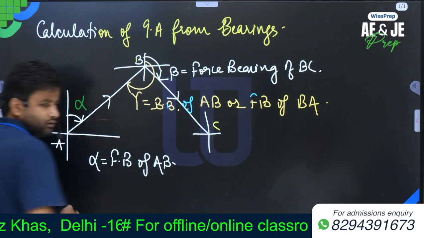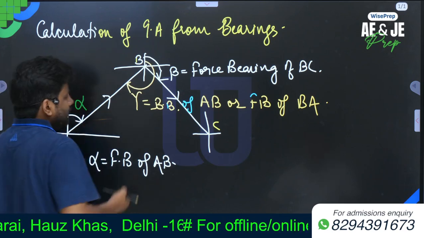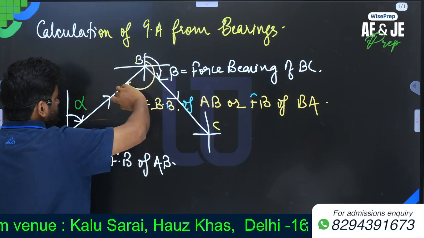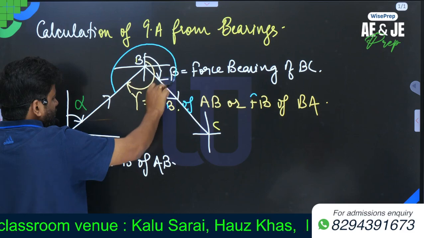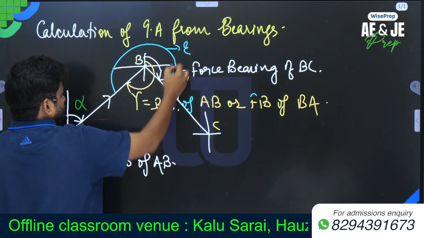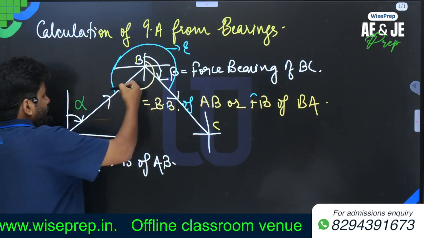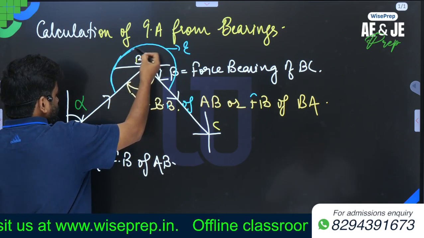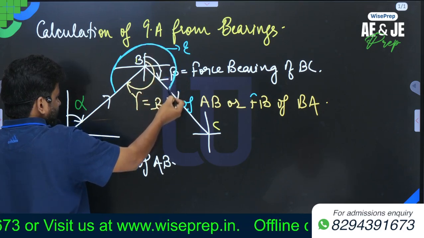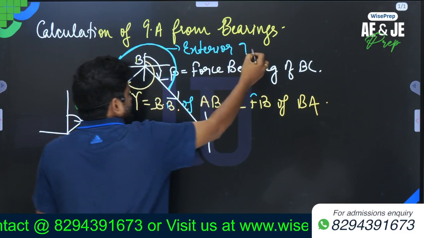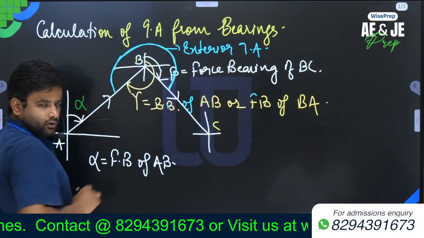The traversing is going in clockwise direction. So included angles will be what? Exterior included angles. Because this is clockwise, from preceding line to the next succeeding line, I am going this way. Exterior included angles.